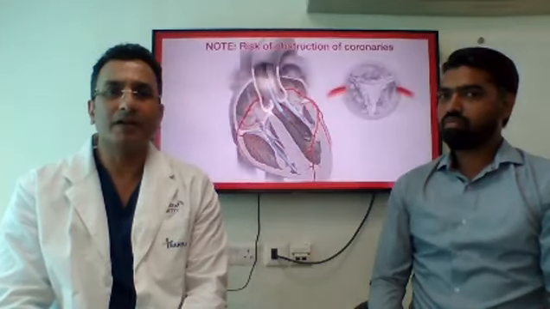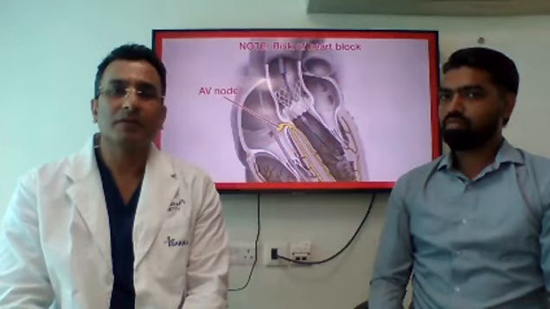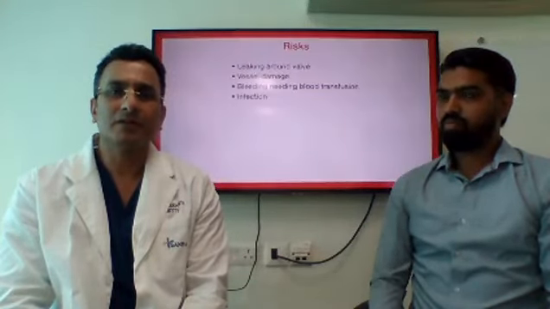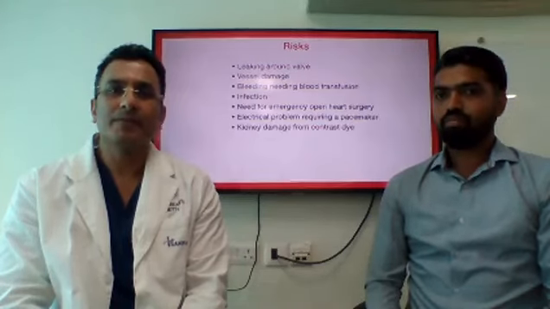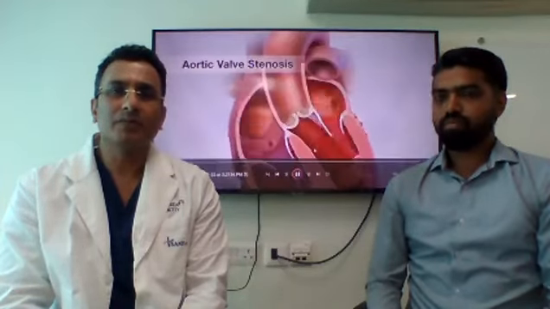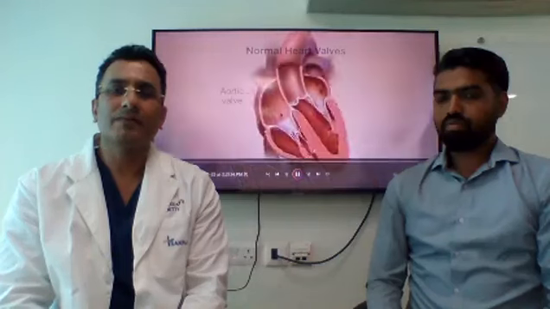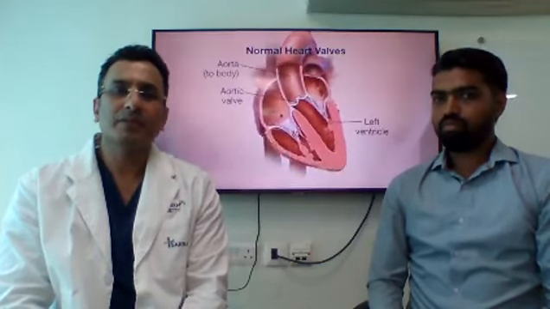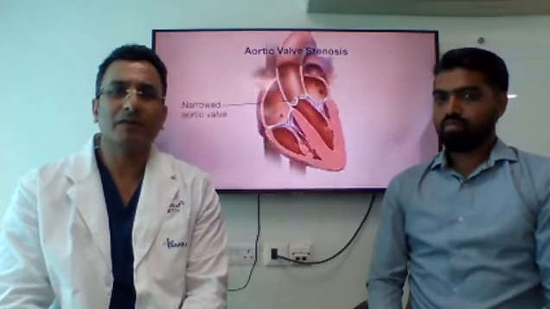So the valve becomes hard and it does not open very well and may leak as well. For each valve, there may be a unique set of conditions which may cause the valvular involvement. Aortic stenosis particularly is seen in the elderly as a part of the degenerative process. And sometimes people who have what we call bicuspid aortic valve have early degeneration of the aortic valve.